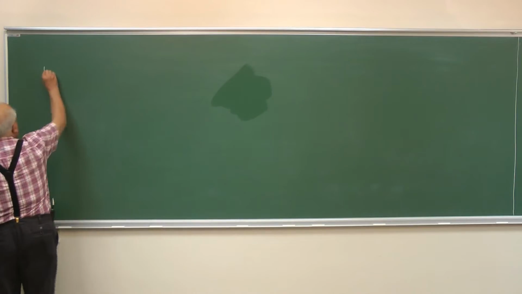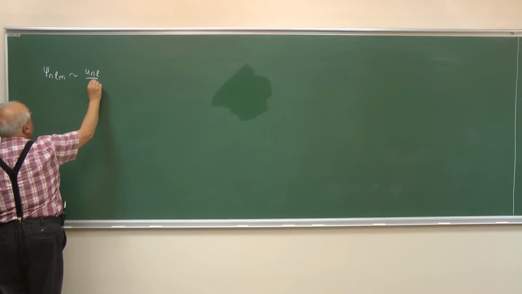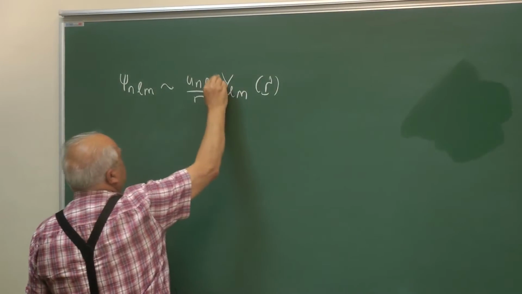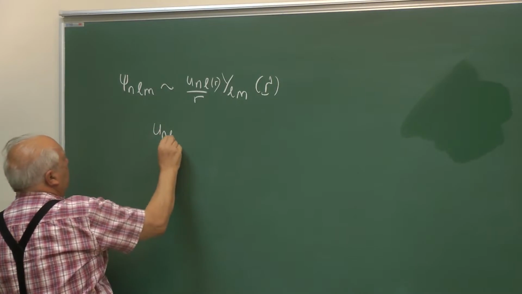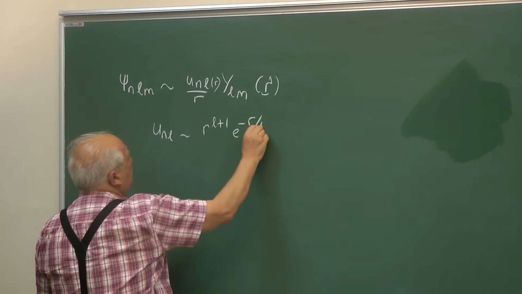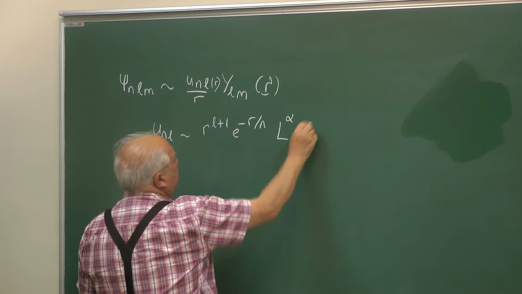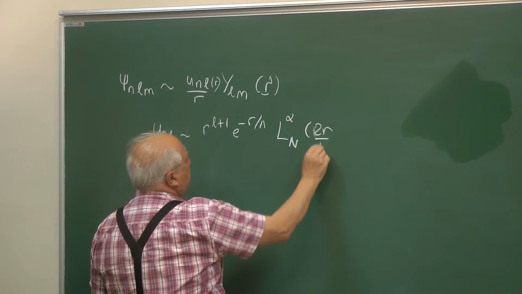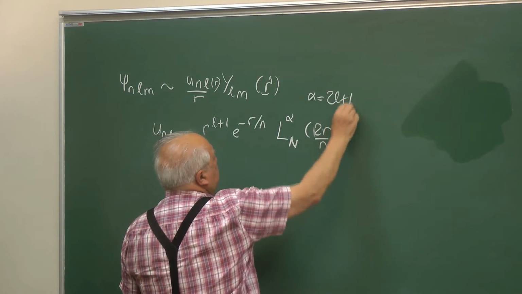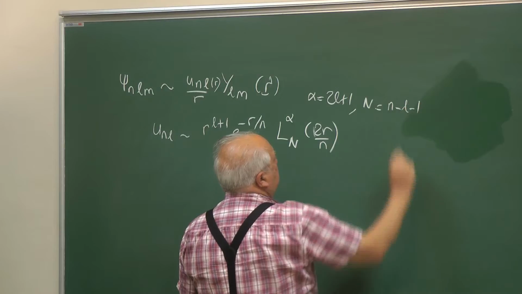We wrote the wave function as a radial function, and U and L we showed was proportional to... here alpha is 2L plus 1 and n is n minus L minus 1.